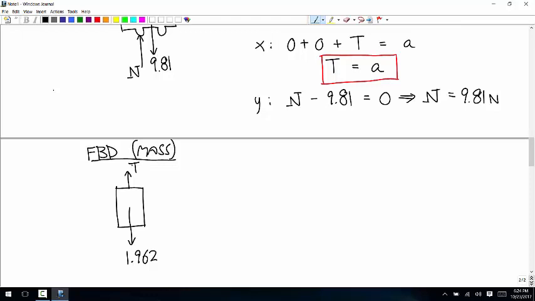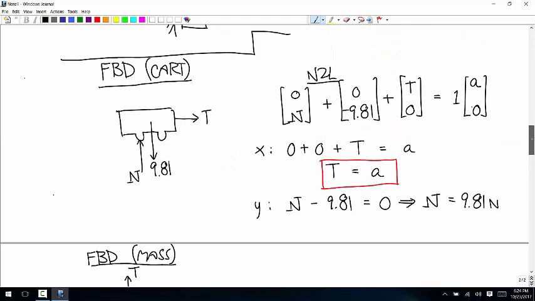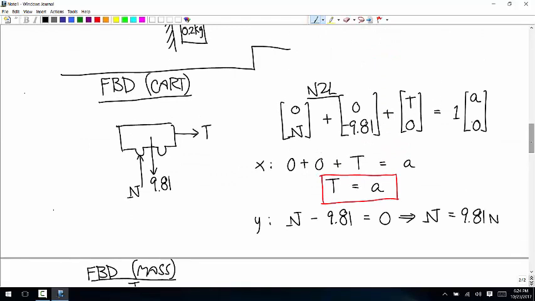And before I go to Newton's second law, yes? 0.2 kilograms. Right, 0.2. So before I go to Newton's second law, let's think about what we know about the acceleration. We need to come up with an acceleration vector that's related to this acceleration vector of the cart.